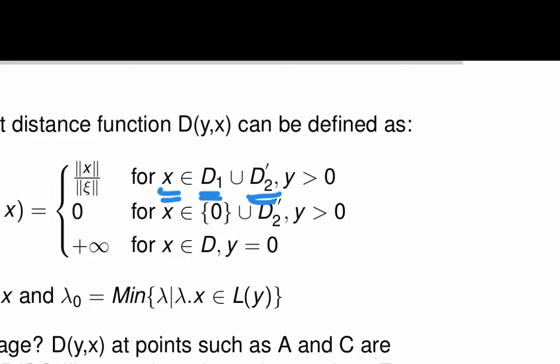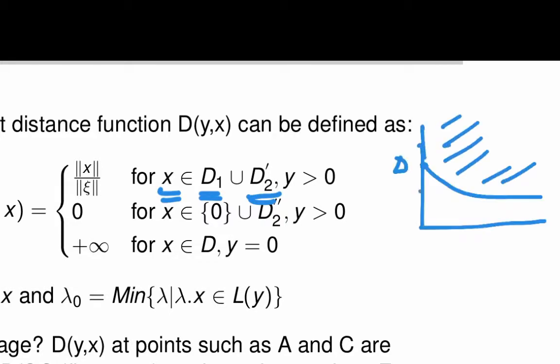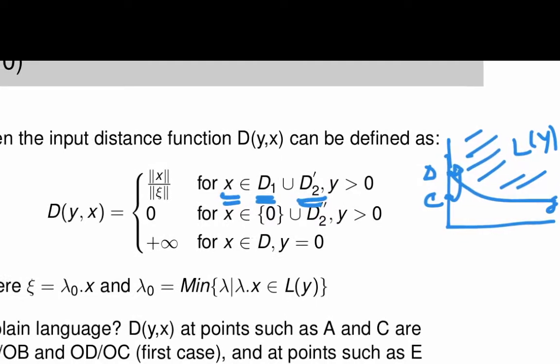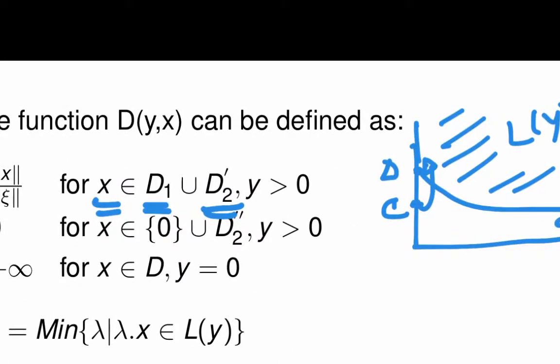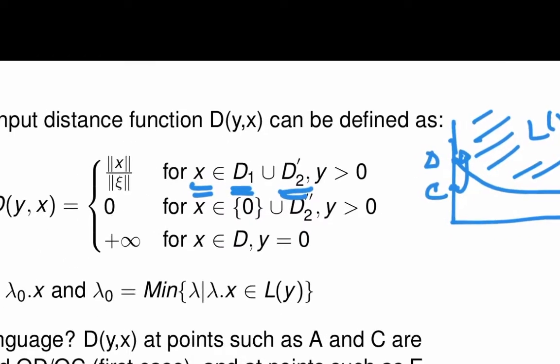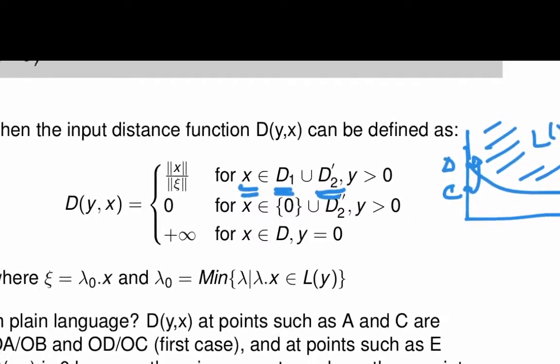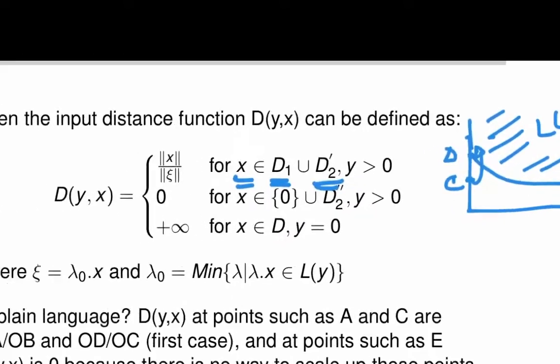So if we are looking at points in here or something like point C, where it can be scaled up to become a member of the input requirement set for Y, then the distance function is well defined because we can figure out a finite positive number by which we should scale up the input vector to bring it to the boundary for the input requirement set for Y.